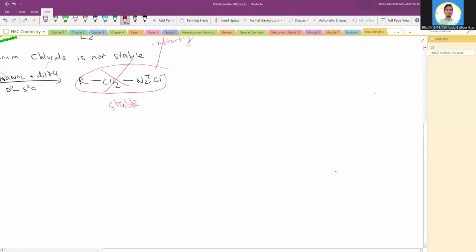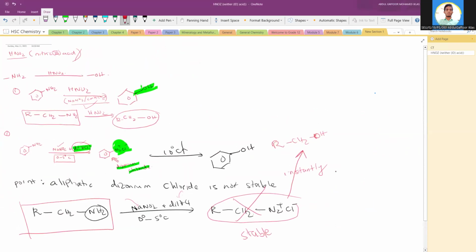Is there any confusion here? Have you understood everything regarding HNO2? If you have an NH2 group and want to convert it to OH, simply add HNO2. It can be applied to both aromatic and aliphatic organic compounds, but the theory for aromatic compounds is different when we include diluted HCl and low temperature.